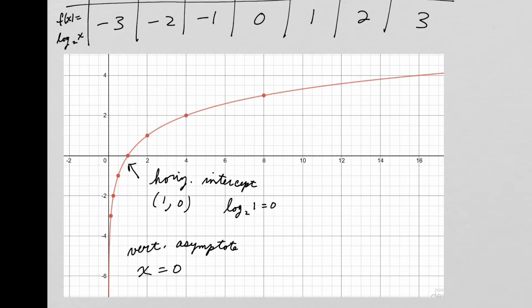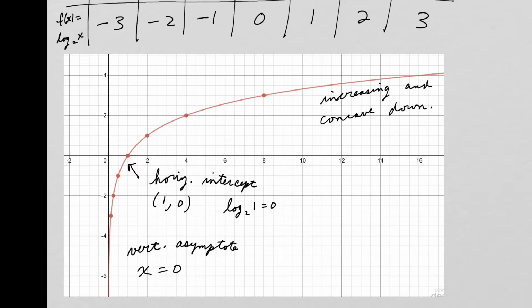What else do we know? Well, it's increasing, right? So I'll write the function is increasing because it's getting larger and larger and larger. And it's concave down. Okay, so it's increasing, concave down.